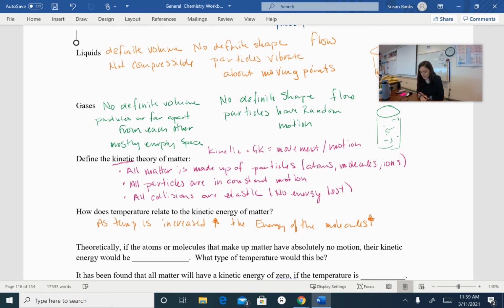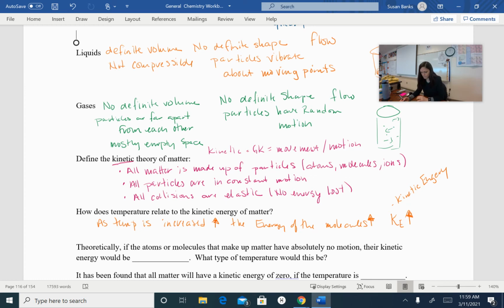Okay, so that means the kinetic energy is also increased. So that means temperature is a very, very good indicator of how much kinetic energy a molecule has. The hotter the temperature, the more kinetic energy. The colder the temperature, the less kinetic energy, the less motion those molecules have.